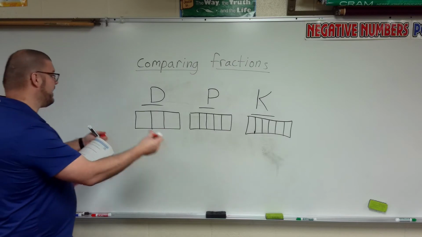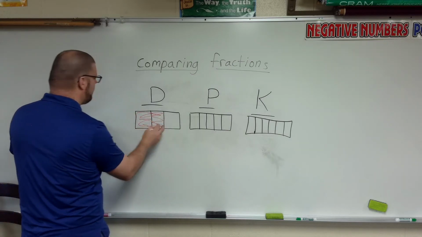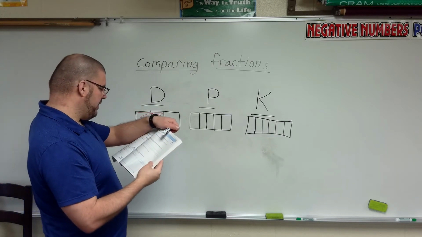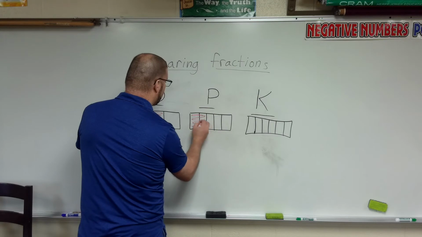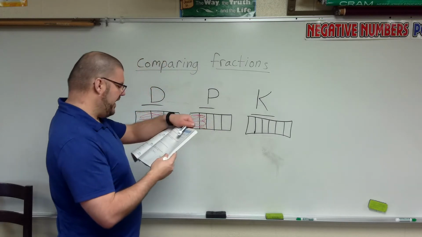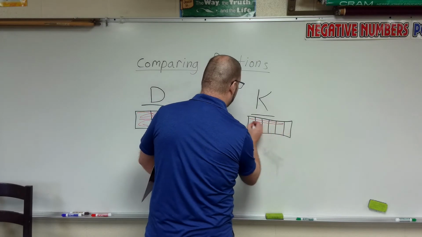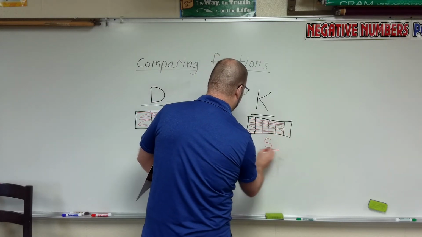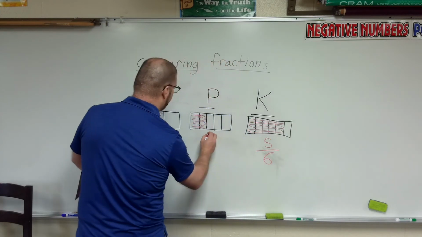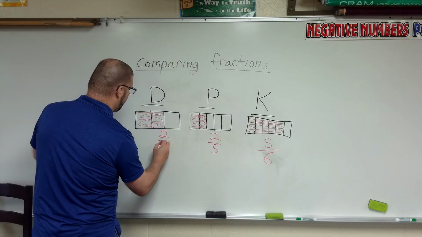Diego ate 2/3. Paula ate 2/5. And Kayana ate 5/6. This is 5/6. This is 2/5. This is 2/3.